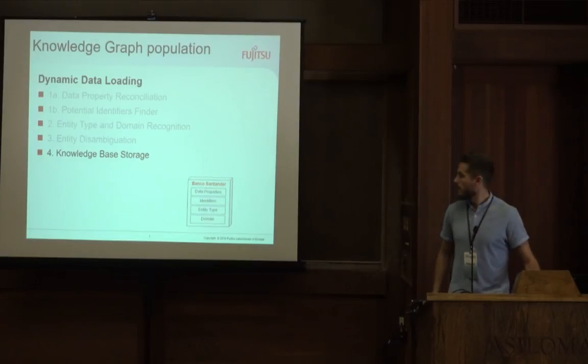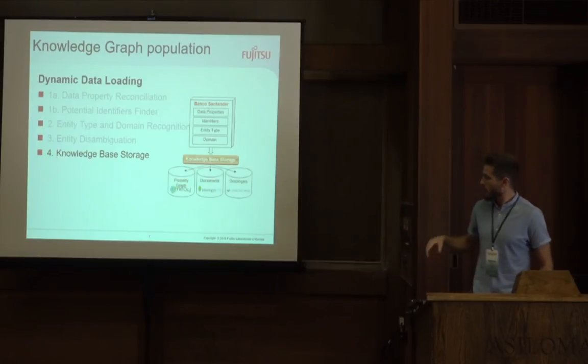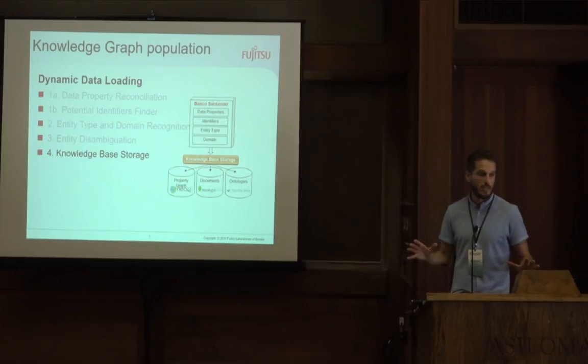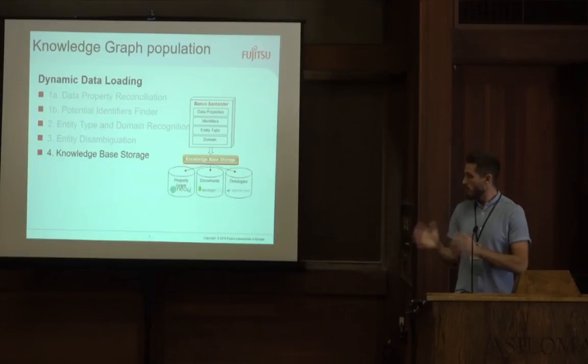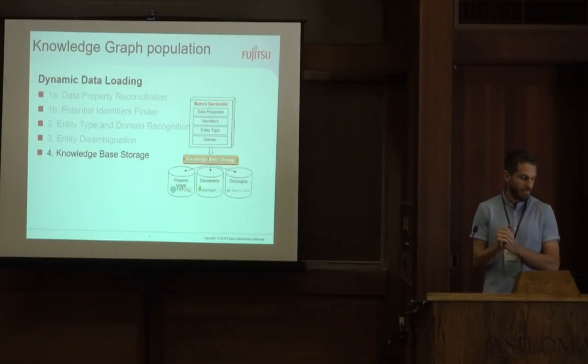And finally, we go to the knowledge base storage. So how do we store this? We are using three different storage technologies. For the property graph, we are using Neo4j. For document storing, we are using MongoDB. And for the ontologies, we are using Apache Jena.